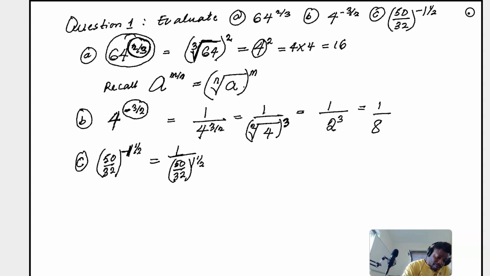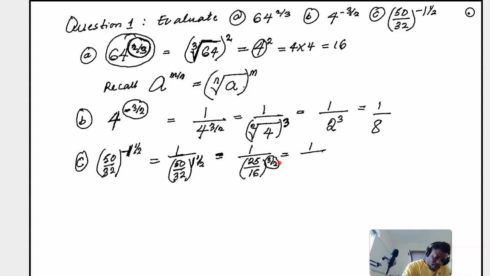Now here, something can go here. 2 can go in 50, that is 25. 2 can go in 32, that is 16. Remember, this is 1 whole number 1/2, so that is 2 times 1, 2, plus 1. That is 3/2.